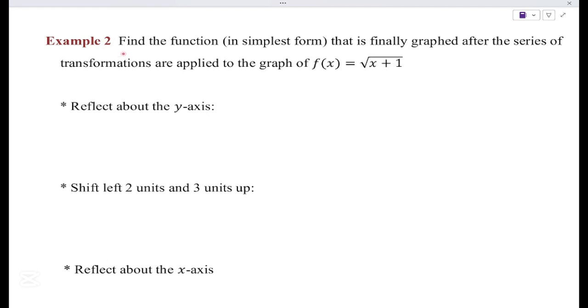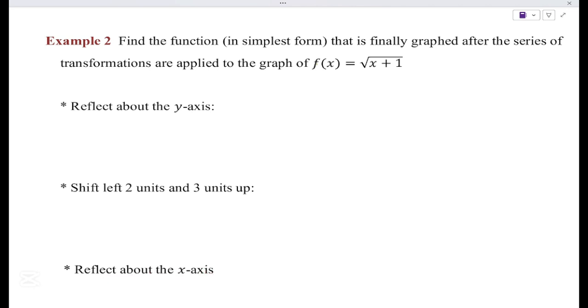For this example, we will find the function in simplest form that is finally graphed after the series of transformations are applied to the graph of the function square root of x plus 1. The series of transformations are reflect about the y-axis, then shift left 2 units and 3 units up, then reflect about the x-axis.